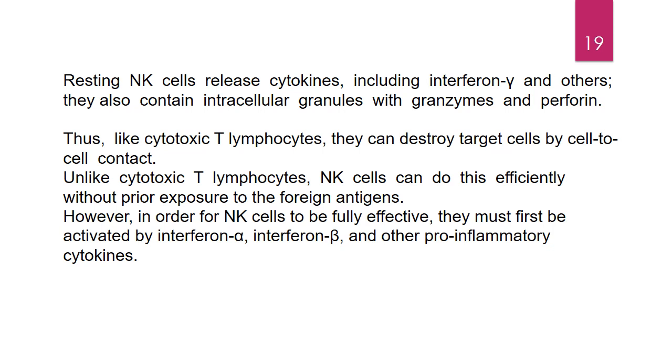They also contain intracellular granules with enzymes and perforin. Thus, like cytotoxic T lymphocytes, they can destroy target cells by cell-to-cell contact. Unlike cytotoxic T lymphocytes, natural killer cells can do this efficiently without prior exposure to the foreign antigens.